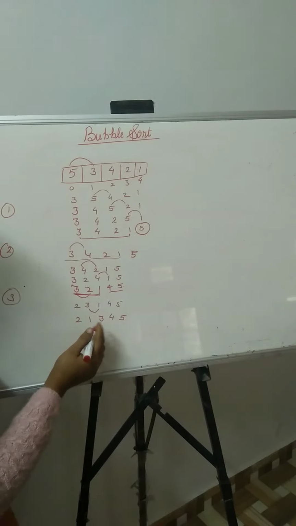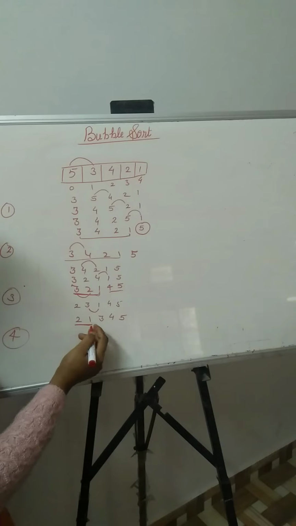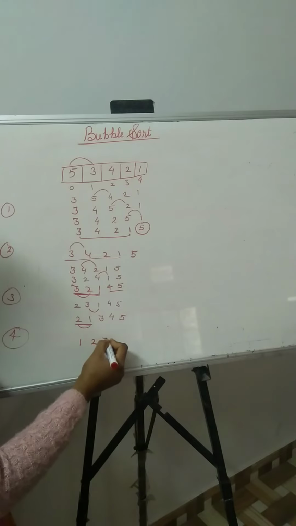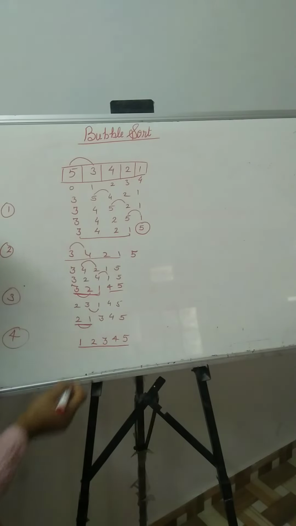After this, we only compare these two numbers in the fourth iteration. When we compare them, they interchange their values. Now 1 is here, 2 is here, then 3, 4, 5. So we arranged our array in ascending order in the fourth iteration.